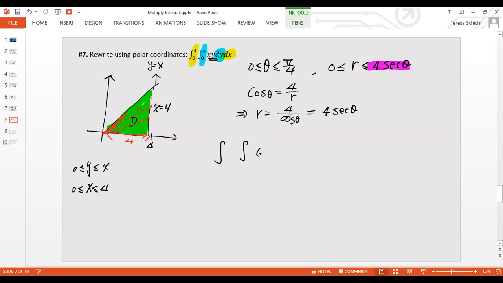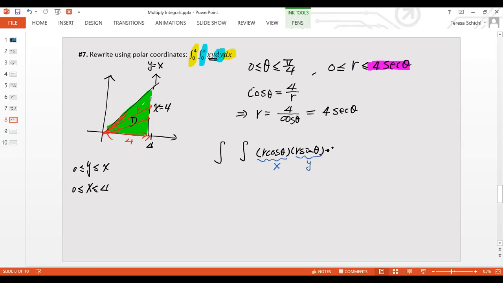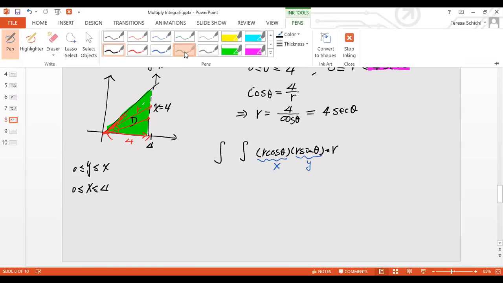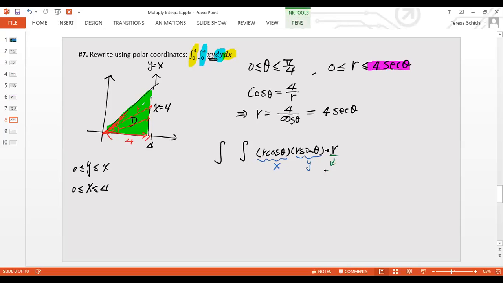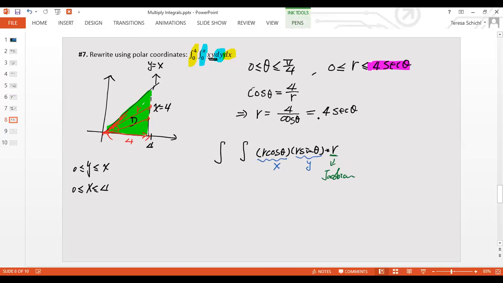So plug in r cosine theta and r sine theta for x and y, and don't forget this extra r, the Jacobian. I need to integrate dr first.